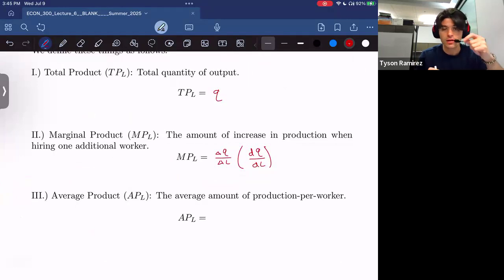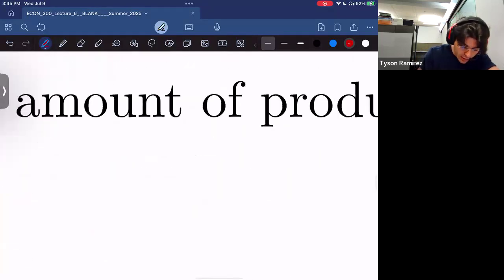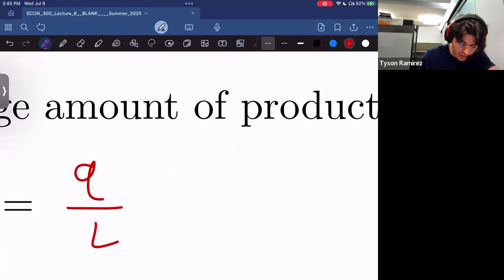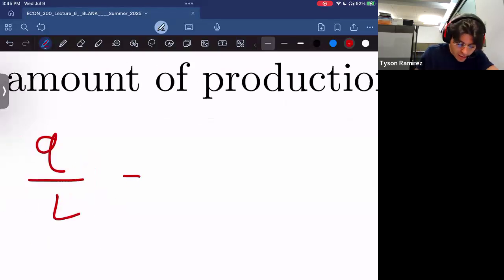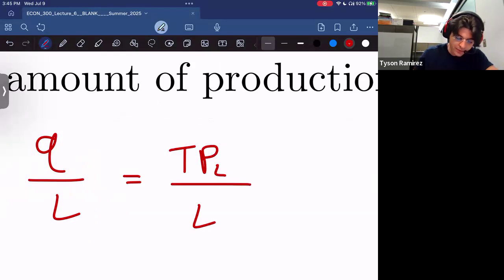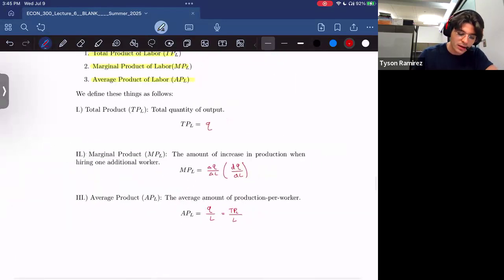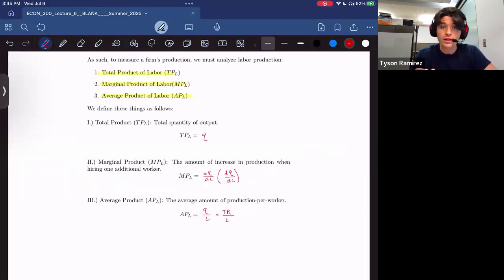Lastly, the average product of labor is the average amount of production per worker, which is Q divided by L. Not a change in Q, but all of the quantity of output that we're producing divided by the number of laborers that we're employing. That's our average product per laborer. This is exactly the same as total product of labor divided by L. So these are our three measurements of productivity, at least in the context of labor.